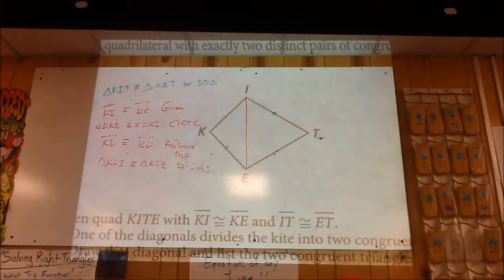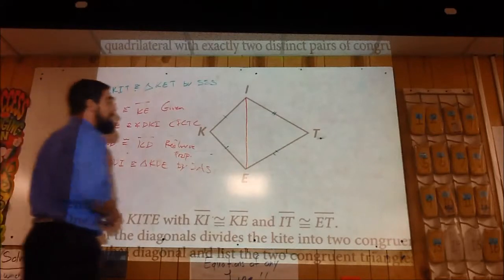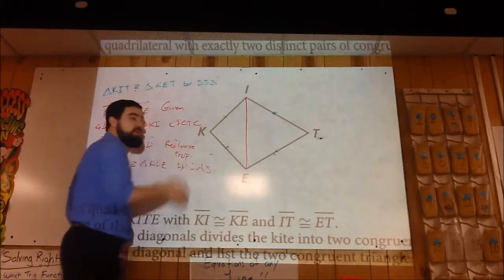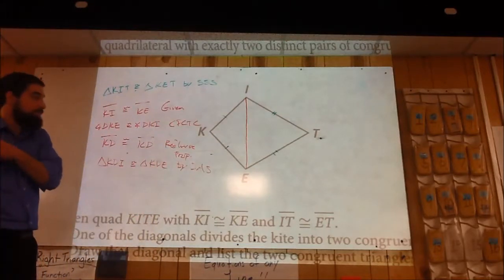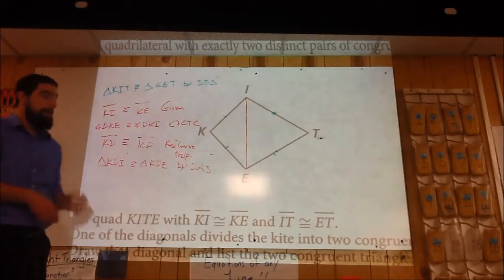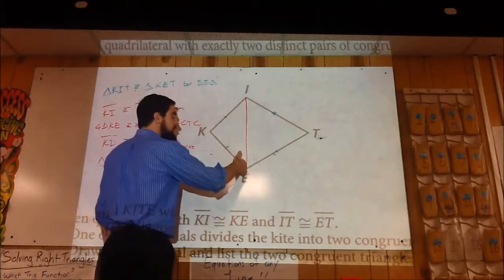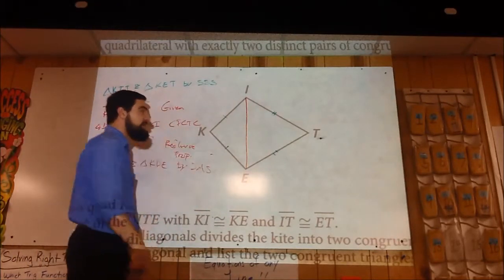So the diagonal that's being bisected, that is being cut in half, cut into two congruent parts, is the diagonal that creates two isosceles triangles when drawn in. Cool. So be aware of that when you draw in this diagonal, it creates two isosceles triangles.